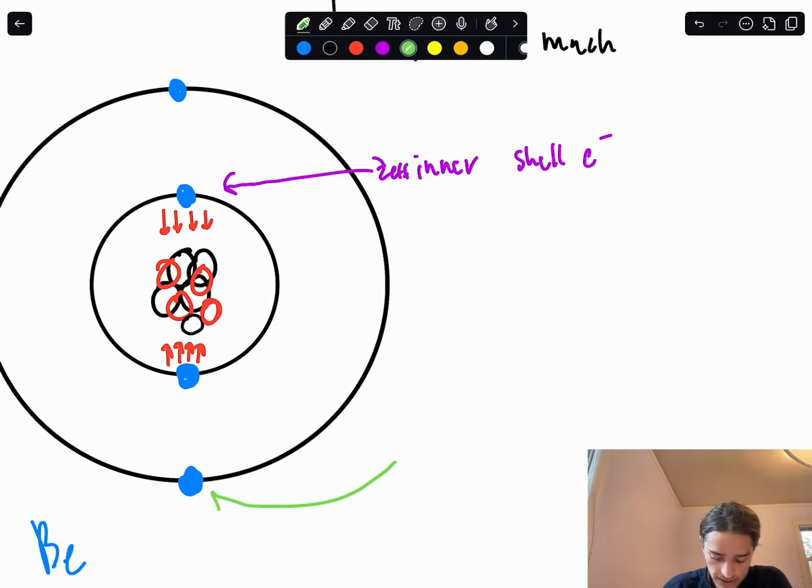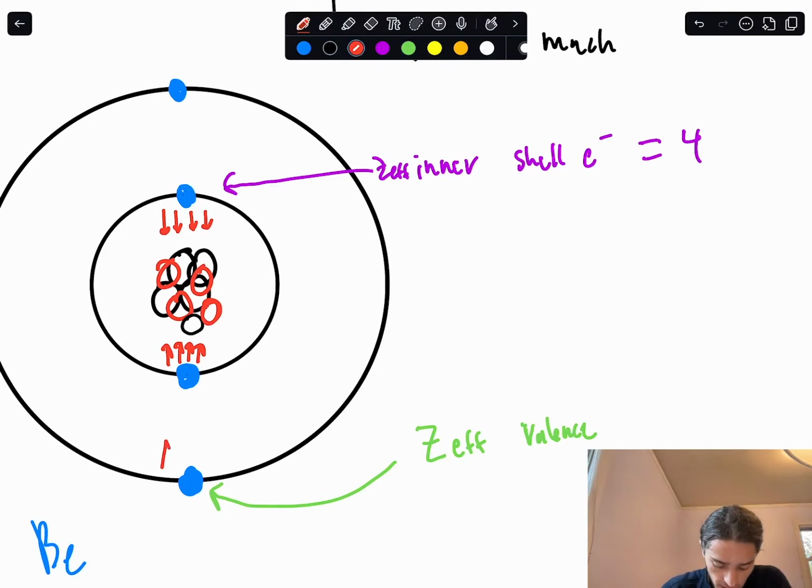And then let's also consider the valence electron. Things are going to get a little different for the valence. The inner shell is four. The outer shell or valence electrons also feel the proton force of four.